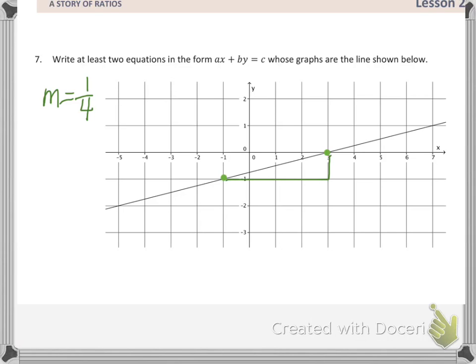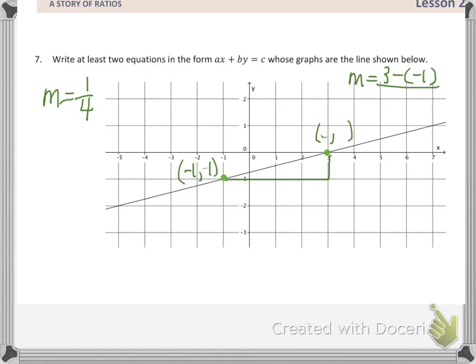I could have done that with coordinates. The coordinates of these points, 0, 3, and -1, -1. Could have found the slope that way. It would be the difference in y, 3 minus -1, over the difference in x, which is, okay, so see how easy it is to make a mistake here.